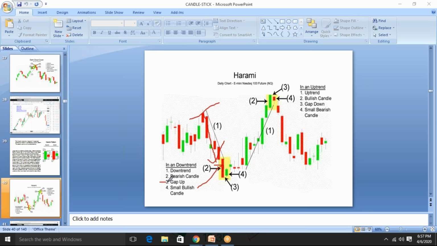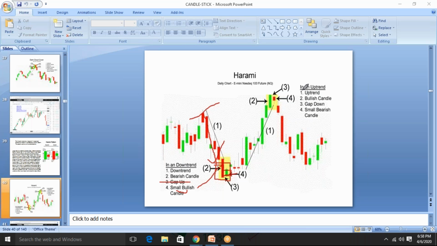There should be gap up in market. Clearly this is gap up opening. And the length of this candle should be very small. This should be a small candle. This is the fourth condition. So you can consider that a reversal will happen from right at this level. So this is the case of bullish harami.